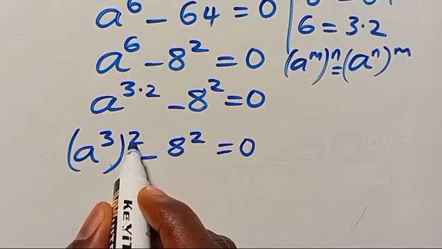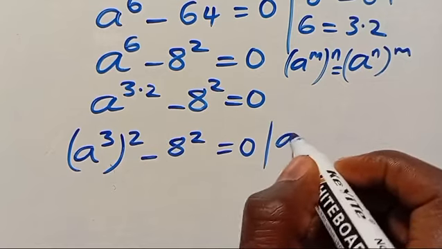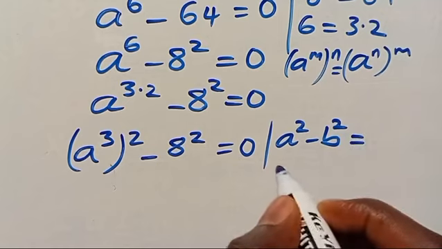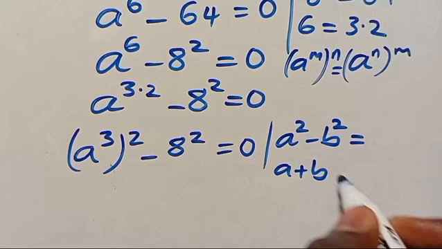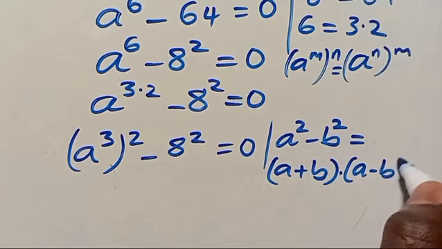And when we consider this power and this power here, this is the difference of two squares. Recall that a square minus b square equals a plus b in parentheses, multiplied by a minus b in parentheses.